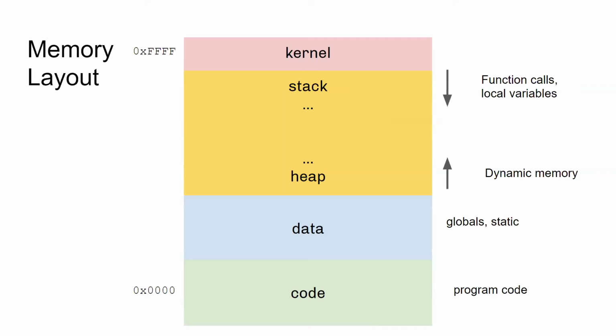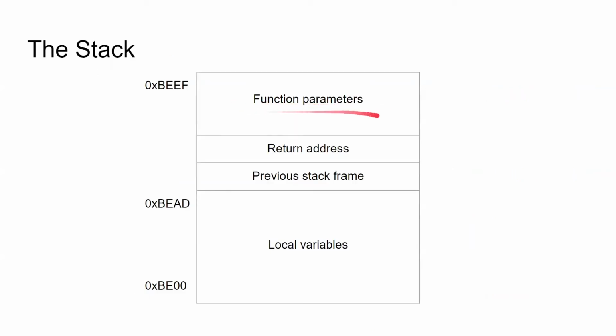So every time you call a function, all of the information about that function is going to be put onto the stack. What does that look like? Let's look at a stack frame right now. So every time you call a function, a new frame containing all the info to the function is put onto the bottom of the stack. As you may recall, the bottom of the stack is pointed out by RSP.